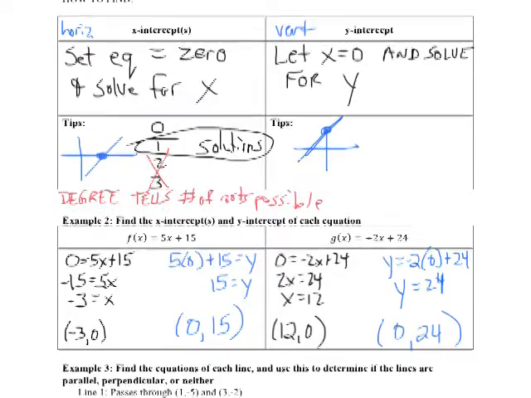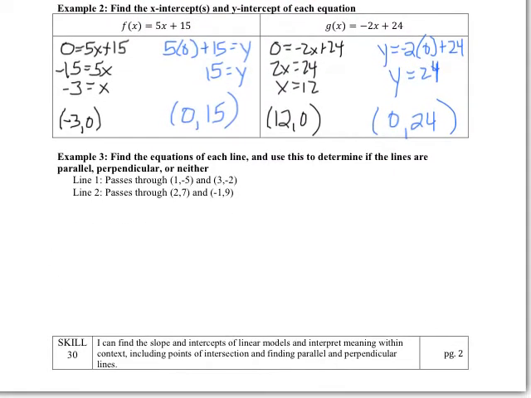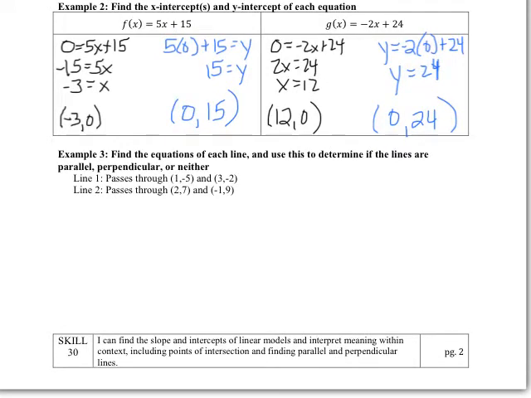Alright, moving further down the page, we are being asked to find the equation of each line and use this to determine if the lines are perpendicular, parallel, or neither. So line 1 passes through those two coordinates. If we find our slope of line 1, we're going to get negative 2 minus negative 5, so y2 minus y1 over x2 minus x1, and that gives us a value of 3/2.